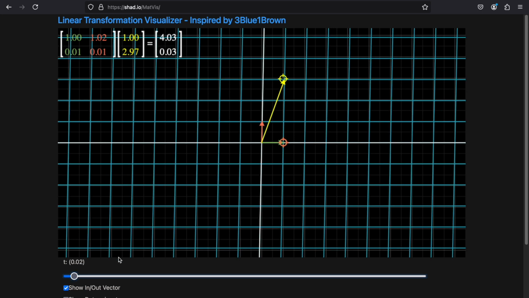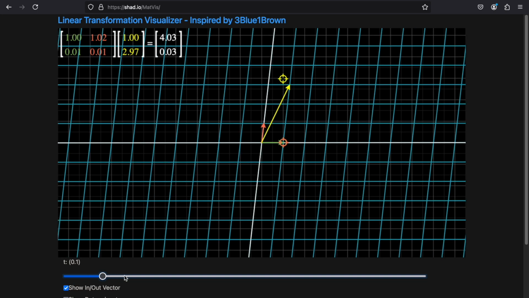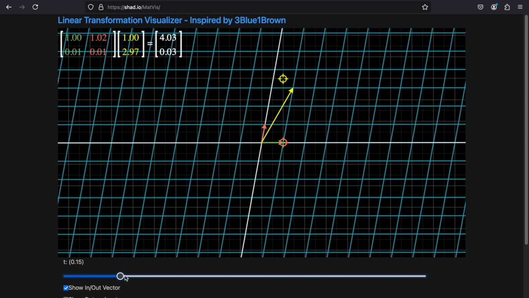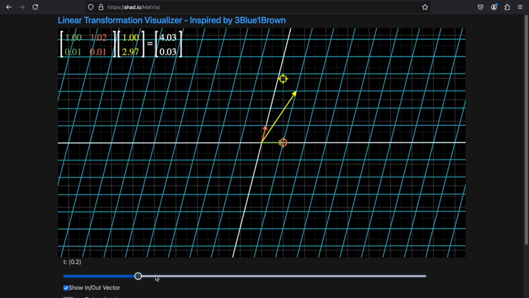j hat is moving from 0 1 to 1 0. So you are wrapping this R2 space into a line, basically the x-axis. Similarly, this vector 1 comma 3 will slowly move to 4 comma 0. See how j hat is moving from 0 comma 1 to 1 0.